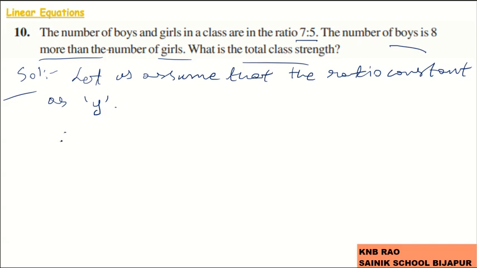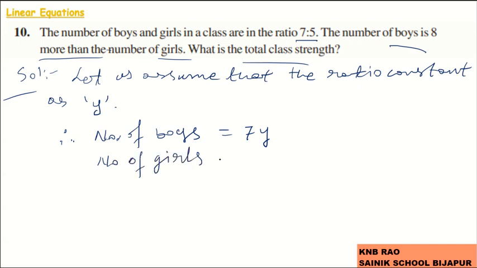So, the moment I assume the ratio constant as y, the number of boys becomes 7y, and the number of girls becomes 5y. From this ratio constant we got that.